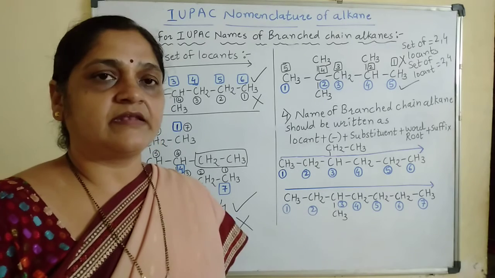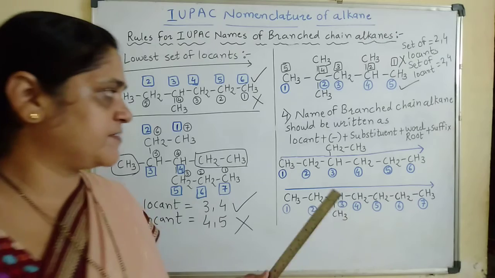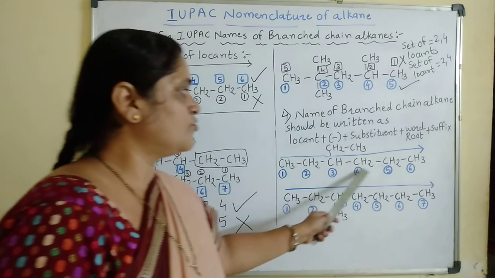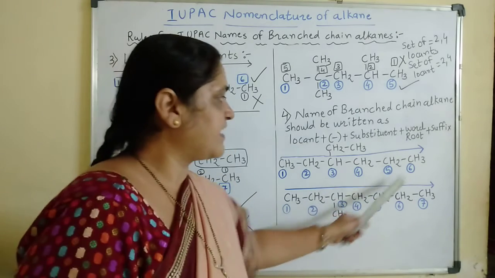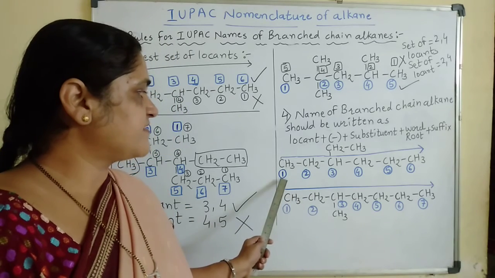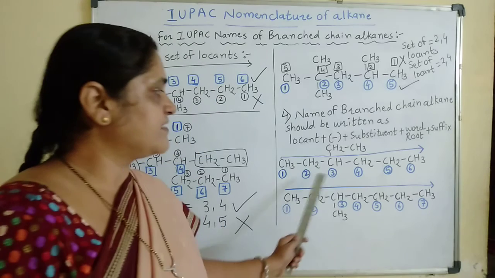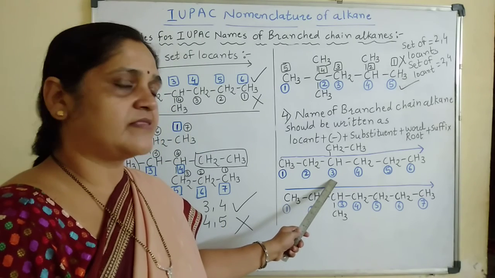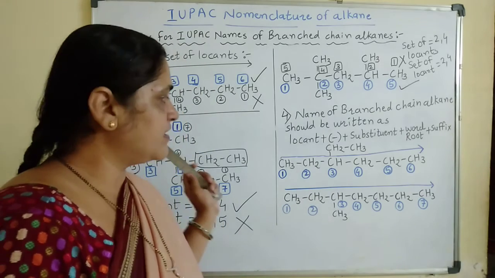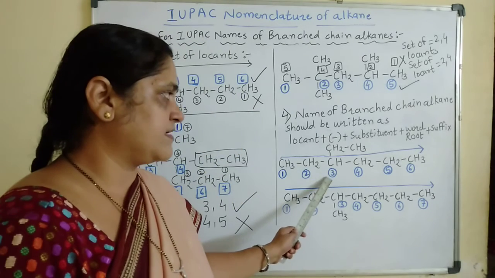We have to do it from the side where the substituent carrying carbon get lowest possible number. If I am coming from this side, then it will be 1, 2, 3 and 4. So from this side the substituent carrying carbon is getting number 4. And from this side 1, 2, 3, 4, 5 and 6. So from this side the substituent carrying carbon getting number 3. So which side it is getting lowest number? From left hand side to right hand side, if the numbering is done, then it is getting lowest number.